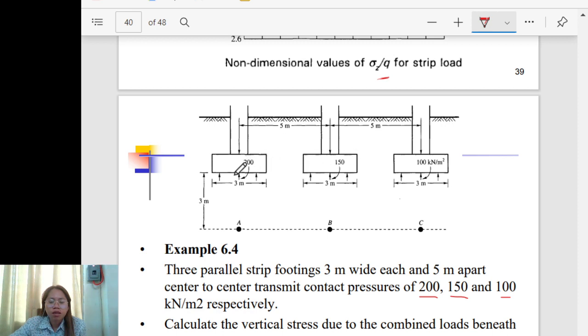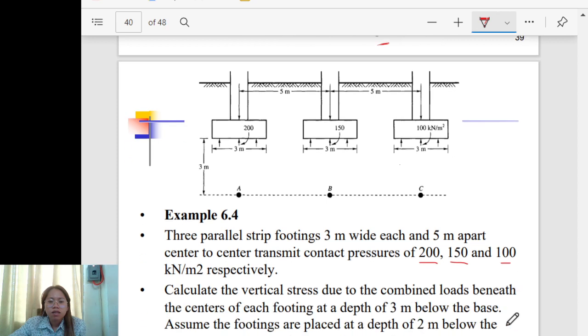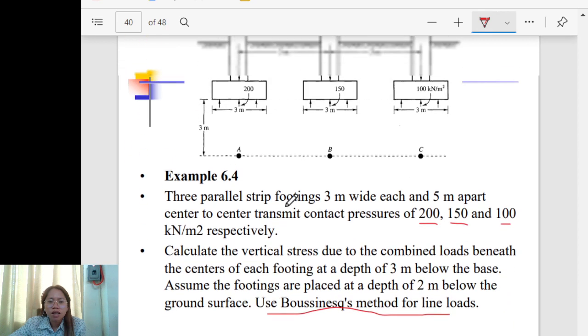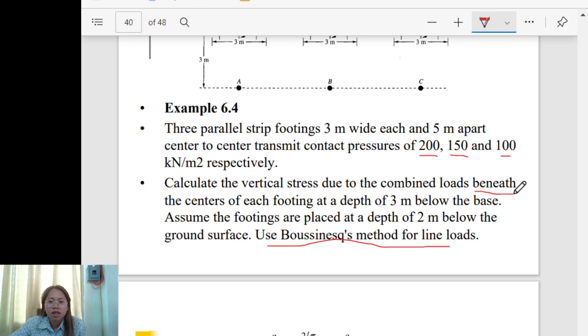The first one transmits 200 kilonewton per square meter, the other one is 150 kilonewton per square meter, and the last one is 100 kilonewton per square meter. We are to calculate the vertical stress due to combined loads beneath the centers of each footing, 3 meters below the base.